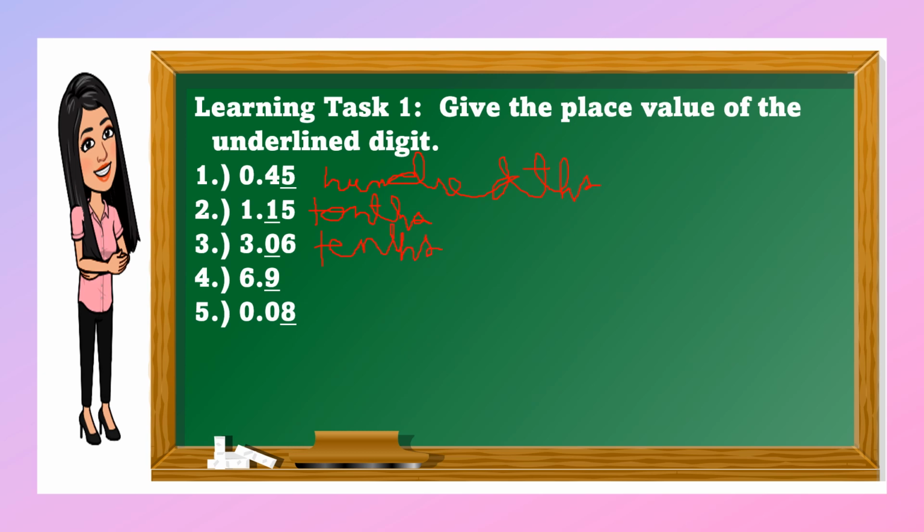So check your work. Number 4, 6 is ones, 9 is also tens. Number 5, the first 0 is ones, the second 0 is tens, and 8 is hundreds.